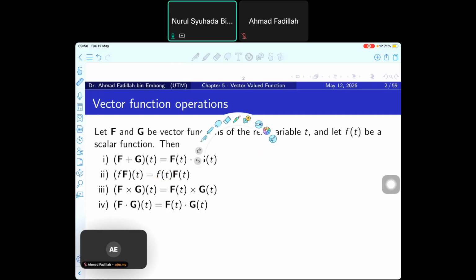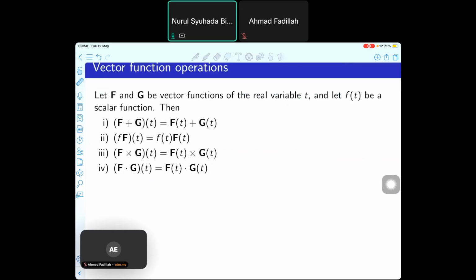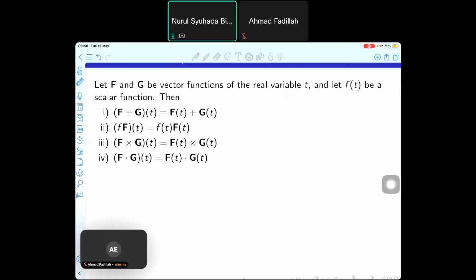For example, you can multiply component i with f(t), component j with f(t), and then component k with f(t). Next, the cross product is given by this. We are going to look again at the definition of the cross product and also the definition of the dot product. These are things that you already learned during your Engineering Mathematics 1.